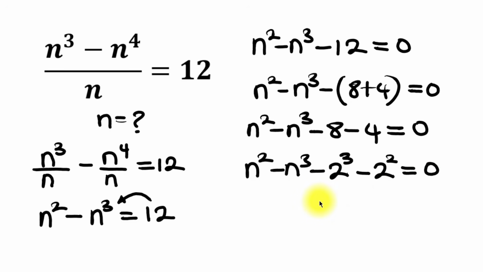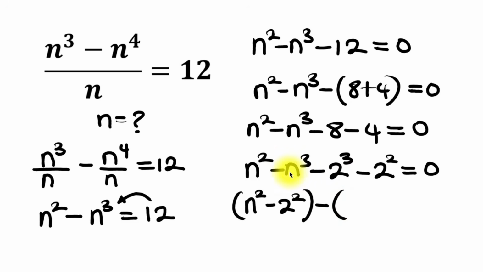Very good. Now we have to do something here. We have to group them. So how do we group them? The terms we square will be grouped together. So we have n squared minus 2 squared, and this will be grouped together. And then minus, now let's group the terms with cube.